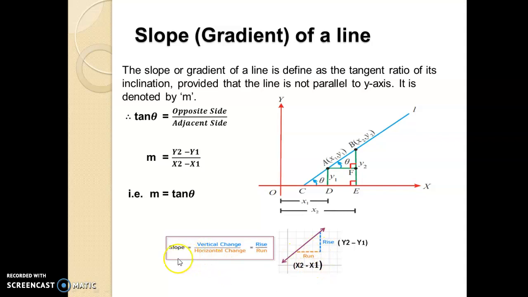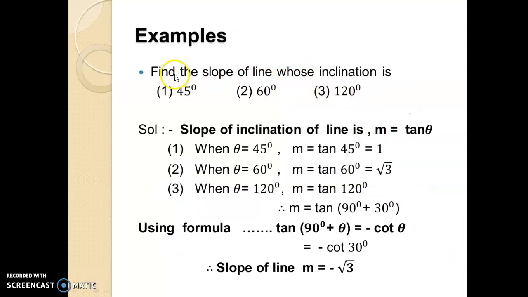That's why slope equals vertical change, also called the rise, upon horizontal change, x2 minus x1, that is, rise upon run. It means m equals (y2 minus y1) upon (x2 minus x1), and that is m equals tan theta.